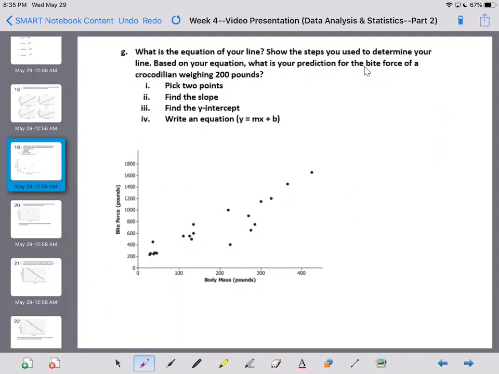So if we're looking at points that this line could go through, we could probably say maybe one of these points.